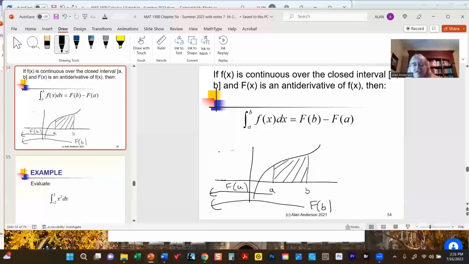So the difference between them is what's left over. If capital F of B is the area under this curve all the way down to negative infinity, and capital F of A is the area under this curve from A all the way down to negative infinity, then the difference between the two of them is the shaded region. So that's what this is telling us: you could calculate this area as the difference between two integrals.